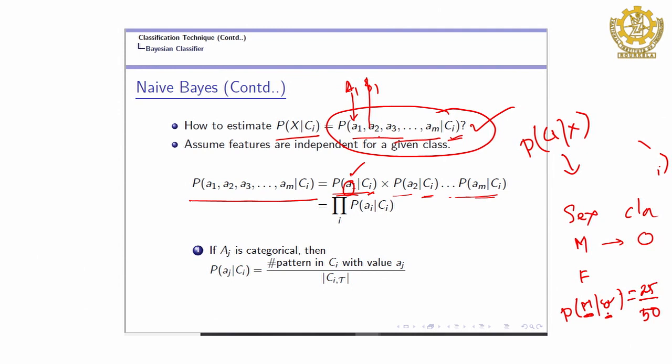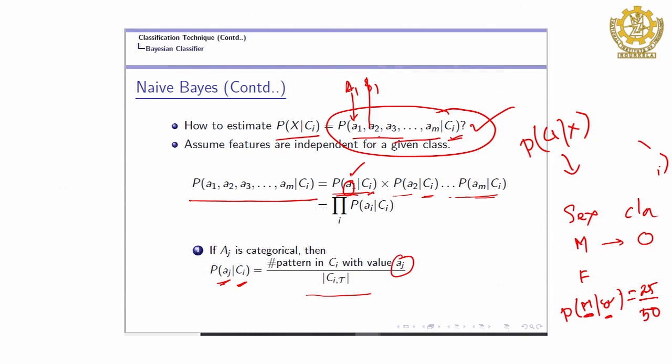In class 0 there may be male and female, and then how many of them are male. So, what is the probability of Aj given a particular Ci? It is the number of objects in that category with the same value Aj divided by the total number of objects belonging to class Ci. That means, if you have 30 objects belonging to class C1, out of these 30 objects you find the particular category, let us say another category: whether he owns a home or does not own.